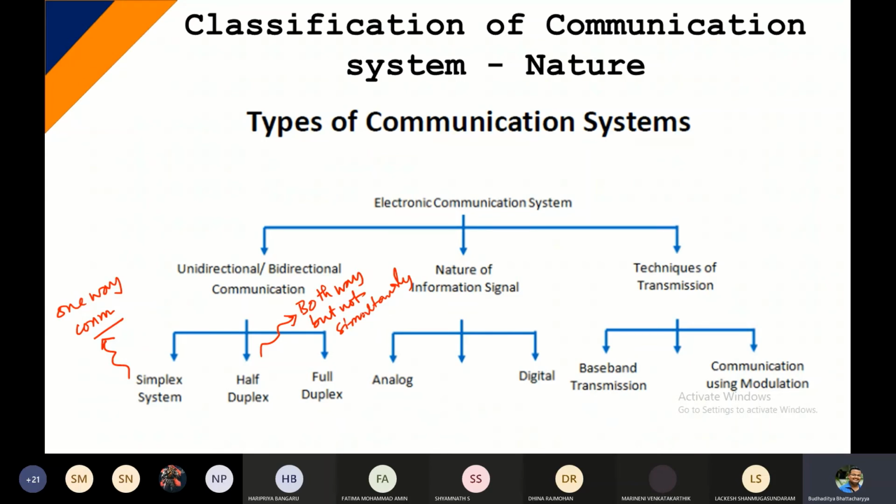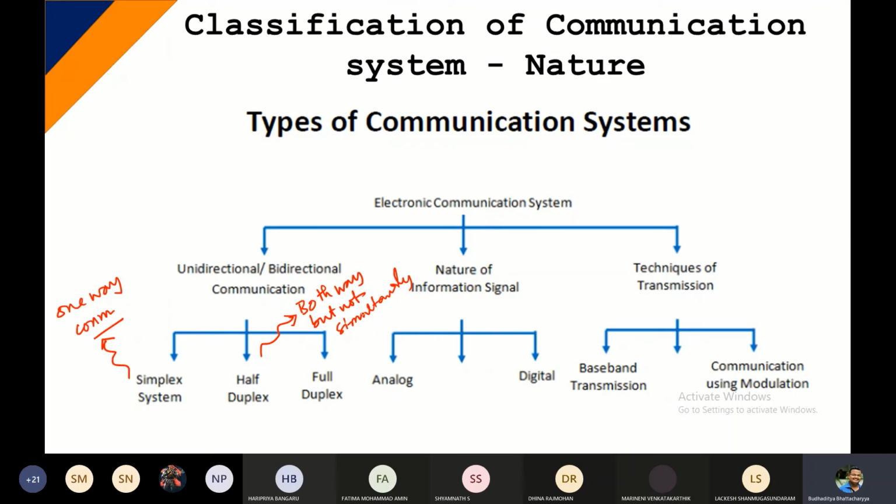For your case, it's a very common example. When you come to VIT, the security guards have a walkie-talkie with their handheld device, and they call from the main gate to the front gate. They communicate among themselves using the walkie-talkie. So that's a short-range, both-way communication, but not simultaneous. Only one way at a time, and then we wait for the other one to take their turn.